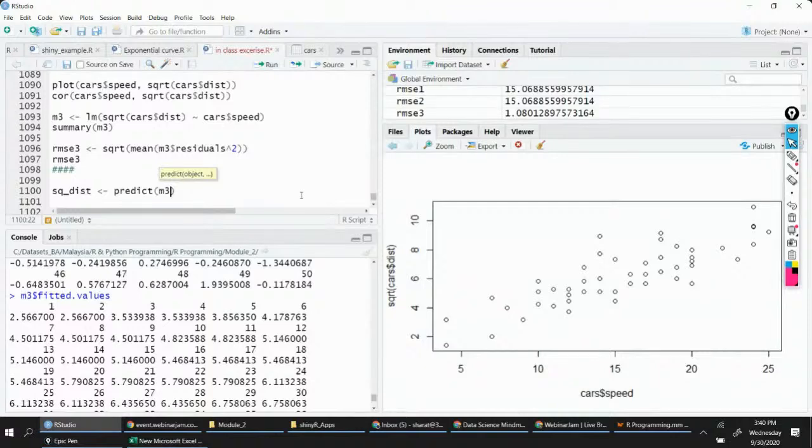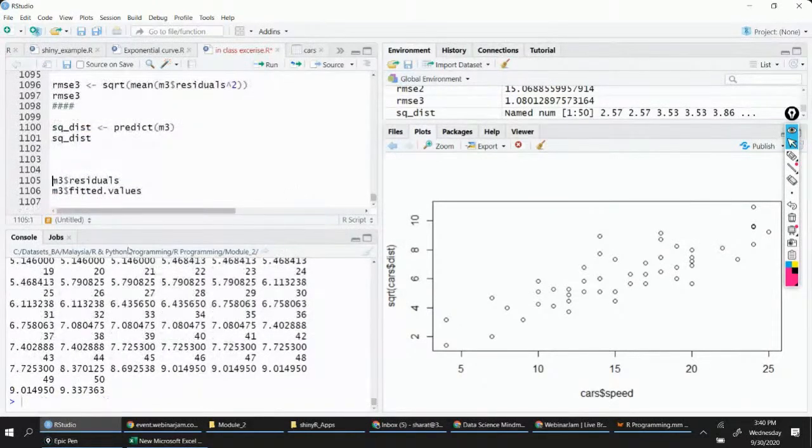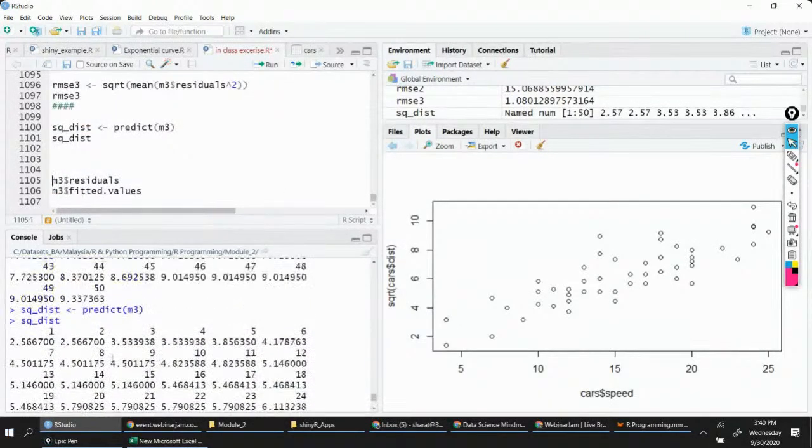When you do that, you get square root underscore distance. That's what we did, right? This is exactly what we did. Now here we need to get what? Distances, not square root distances, right?